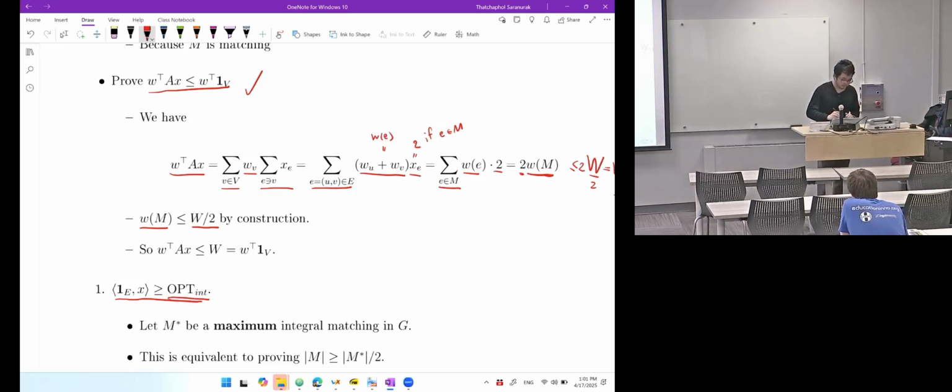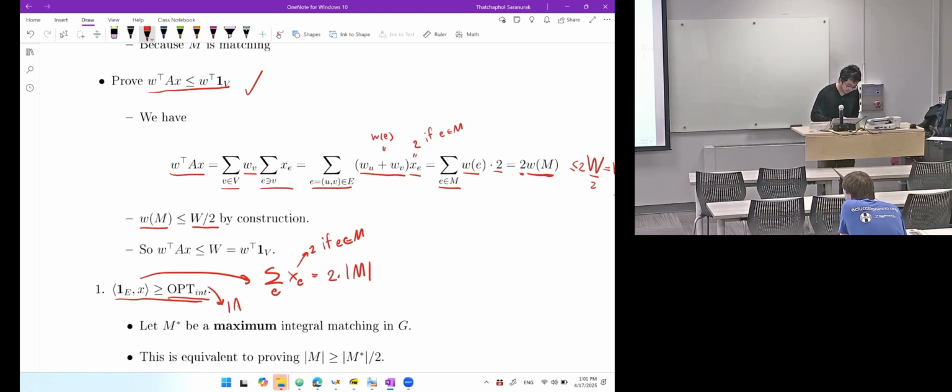Why? Because this thing is the sum over edges of x_e, right? But this is 2 if e is in M. So this is just 2 times the size of M. And this is by definition the size of M star.